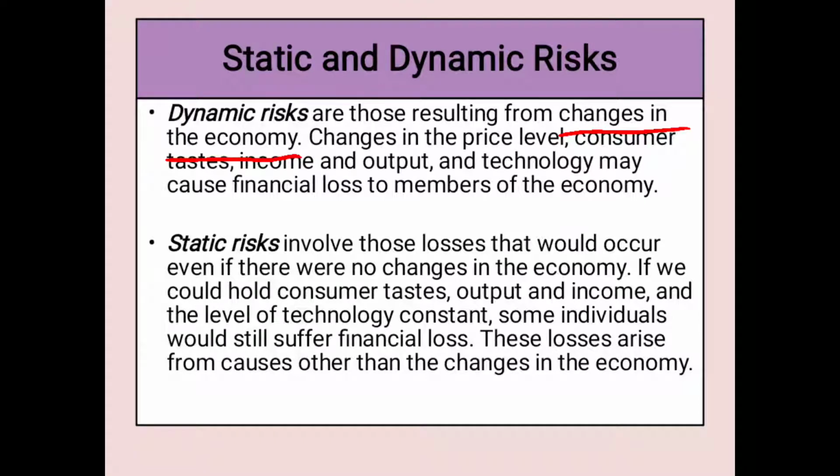Then we have another category called static risks. Static risks involve those losses that would occur even if there were no changes in the economy. Dynamic risk takes place because something is changing in the economy. Everything is shifting. The pandemic is an example of dynamic risk.